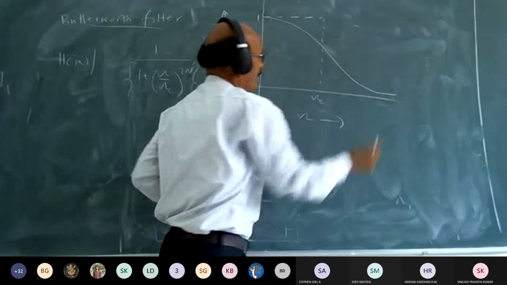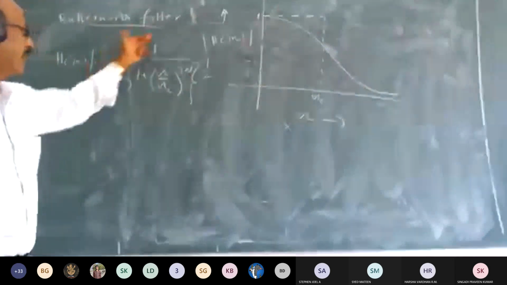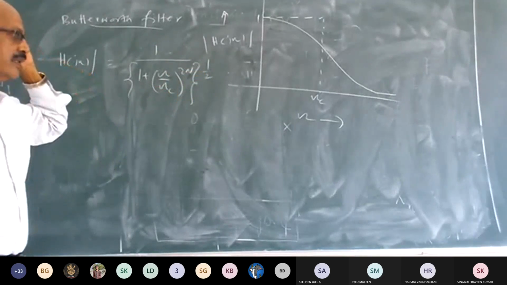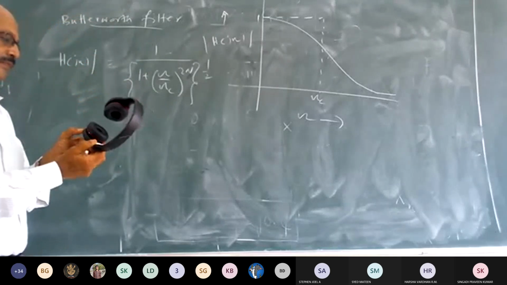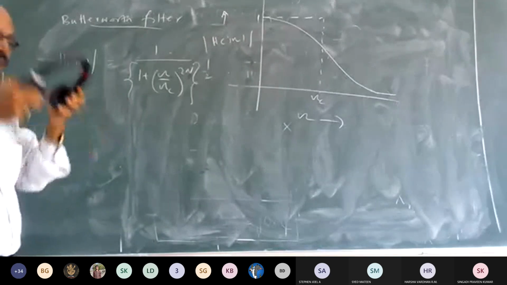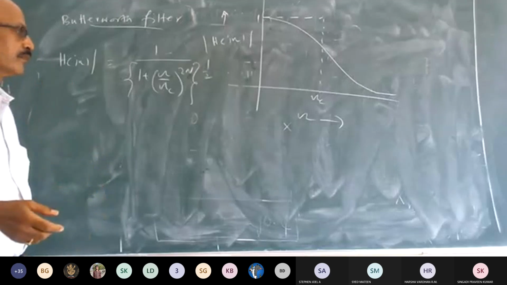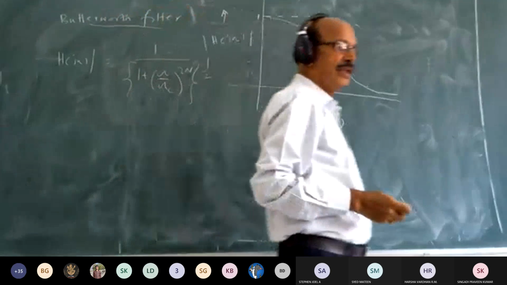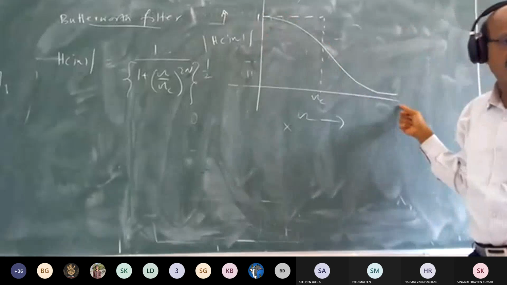This is the shape we expect in a Butterworth filter. This magnitude characteristic is decided by this equation, and the magnitude function varies with respect to the frequency.